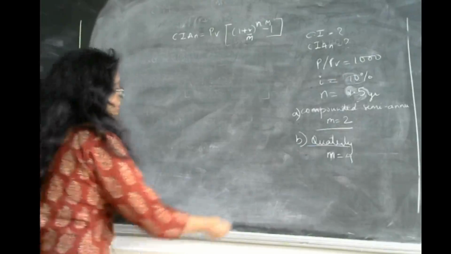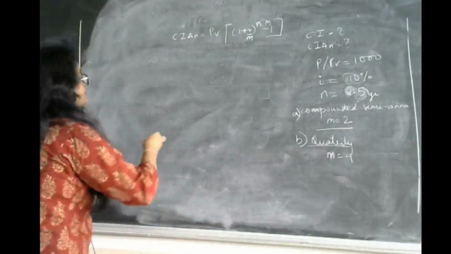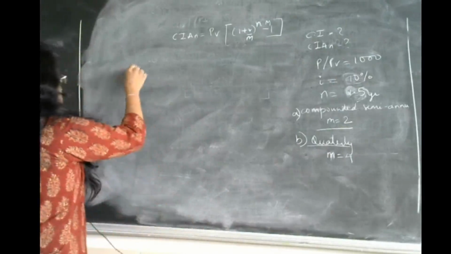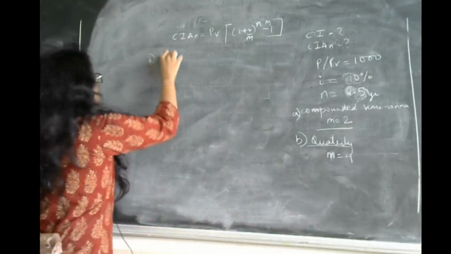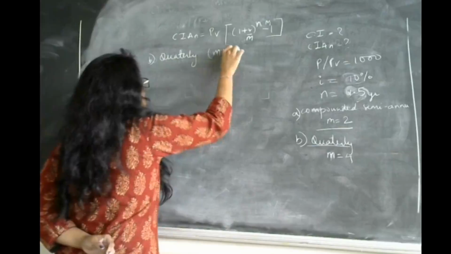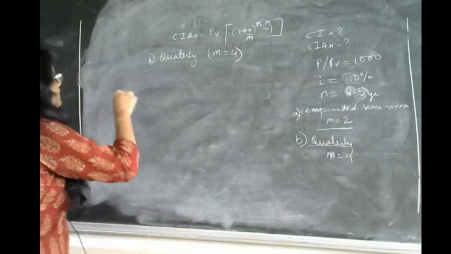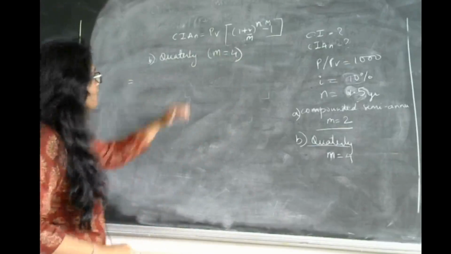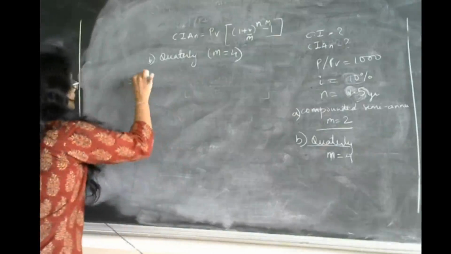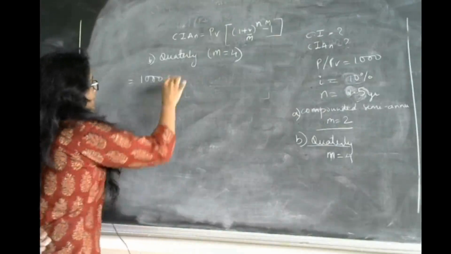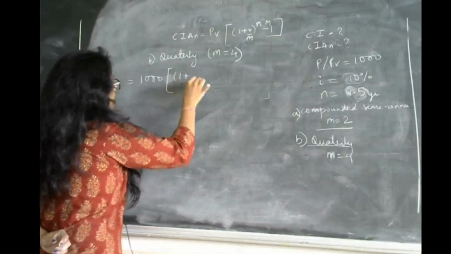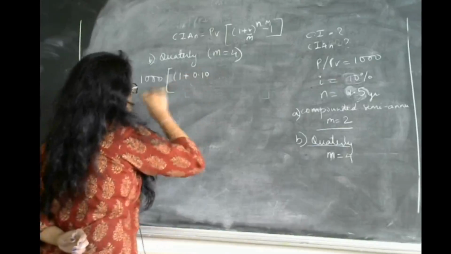Quarterly. Now since it is quarterly, m is equal to 4. Let us solve the problem for quarterly where m is equal to 4. We take the principal amount, 1000, multiplied by 1 plus r. R is 0.10, 10%.